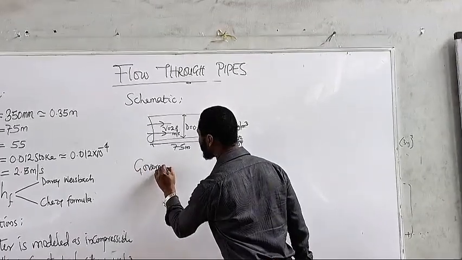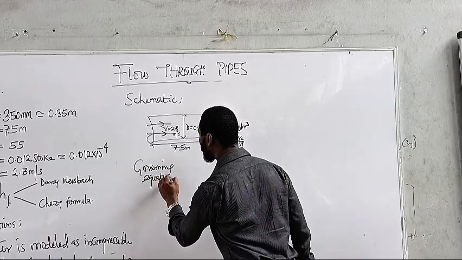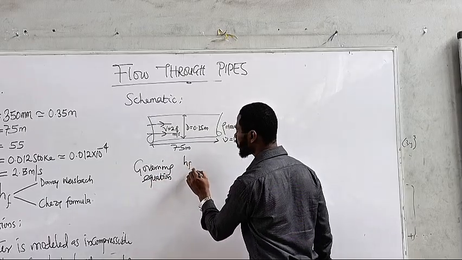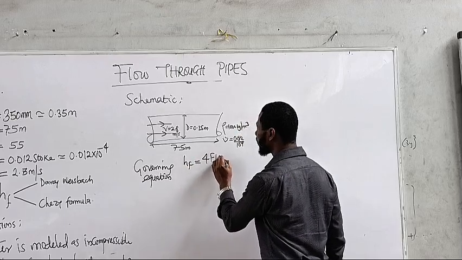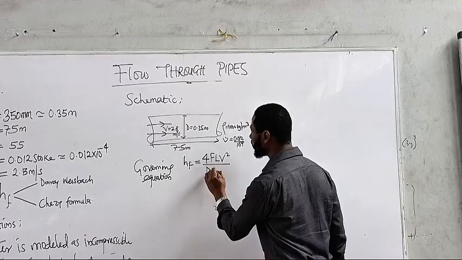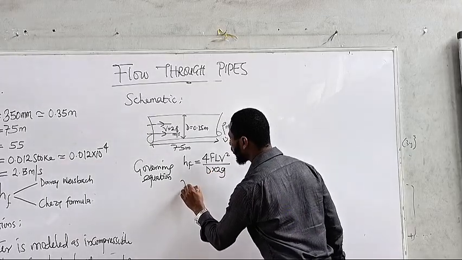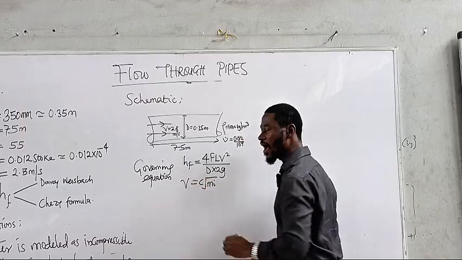We have Darcy-Weisbach. For Darcy-Weisbach, we have hf = 4FLV squared divided by D multiplied by 2g. And for Chezy, we have V equals C into brackets MI.